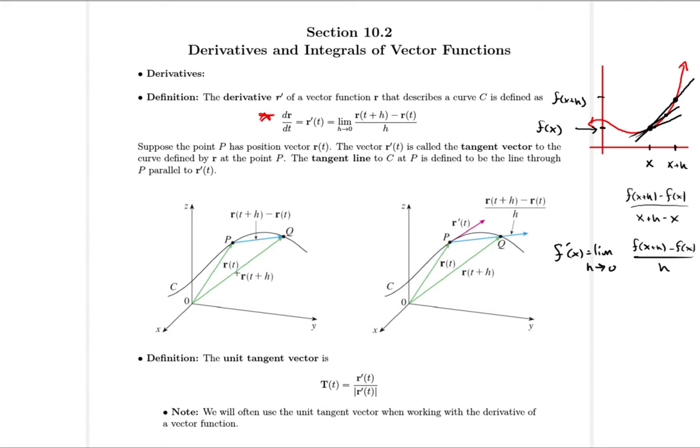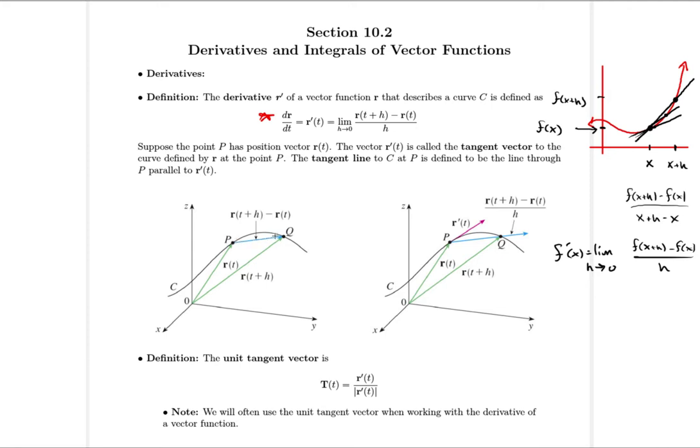So what do I do? I take r of t. So here's the point P, r of t. Remember, r of t is a vector that goes from the origin to the point on the curve that is associated with t. But then I do r of t plus h. If I subtract those two vectors, I get this blue vector here.